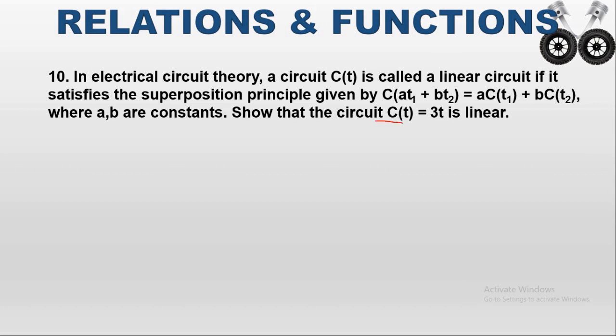For showing that, first I have to show that C of at1 plus bt2 equal to a into C of t1 plus b into C of t2. If this condition is true, automatically C of t is a linear function.